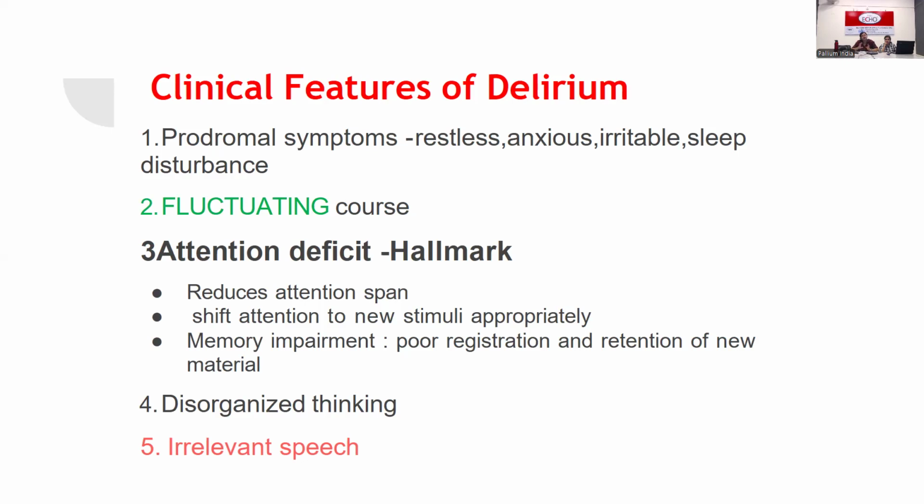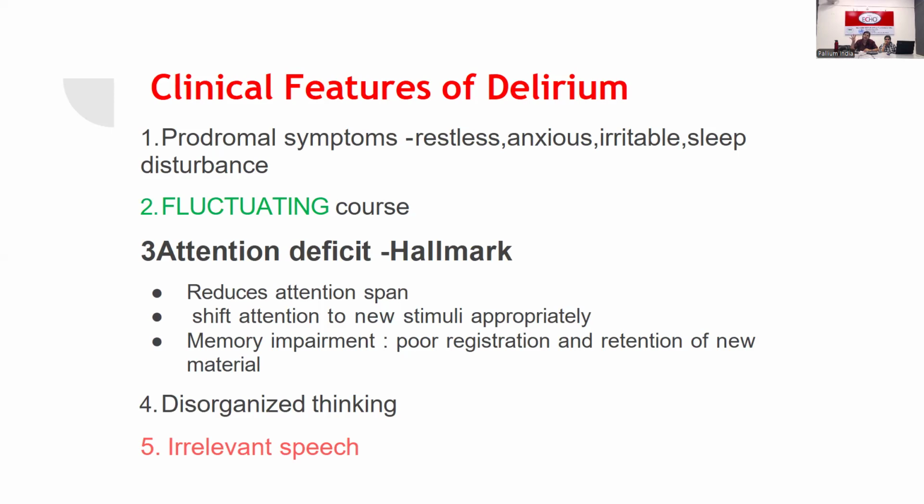He's having some irrelevant speech in between, otherwise he's okay." This is important. This is known as fluctuating course. The patient will show normal behavior at some time, and sometimes they'll show aggressive behavior.